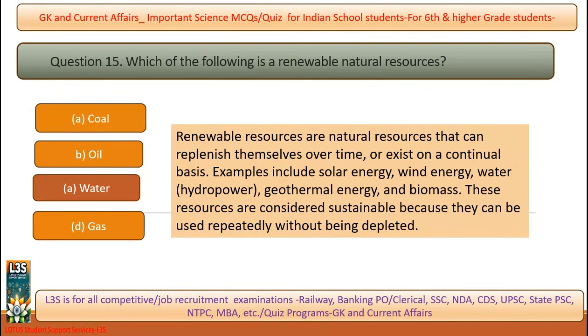Examples include solar energy, wind energy, water energy, geothermal energy, and biomass. These sources are considered sustainable because they can be used repeatedly without being depleted. So here, water is the renewable natural resource. Coal, oil, gas cannot be used anymore once they have been used one time.